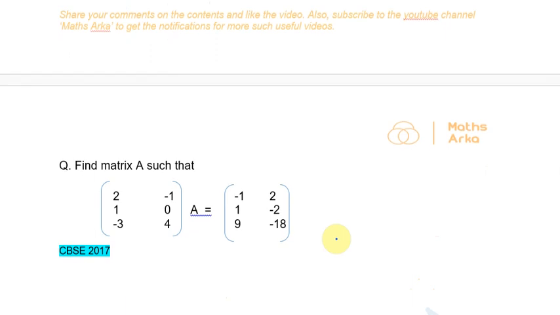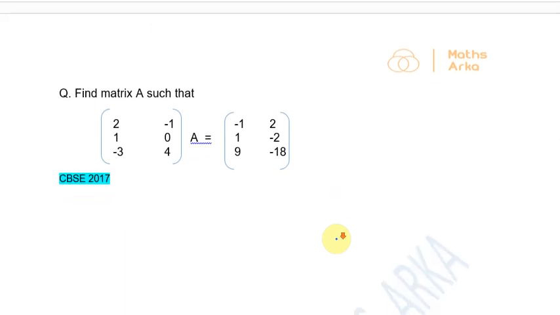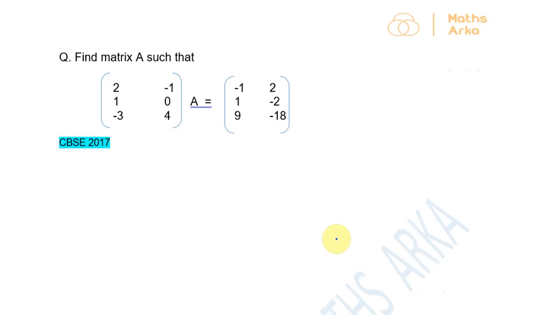Now we have one more question, based on whatever understanding we have. Just to test our knowledge, we have this question, which was one of the questions from the CBSE 12th board 2017.